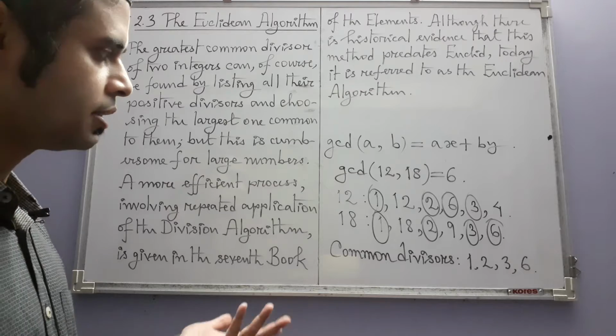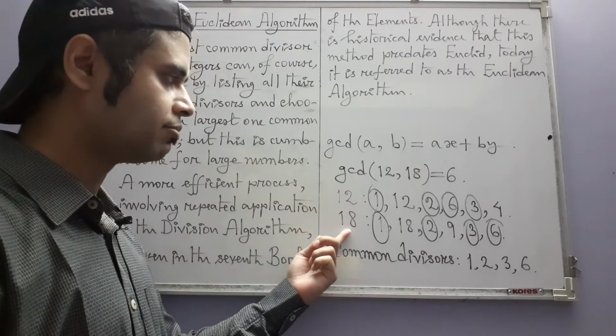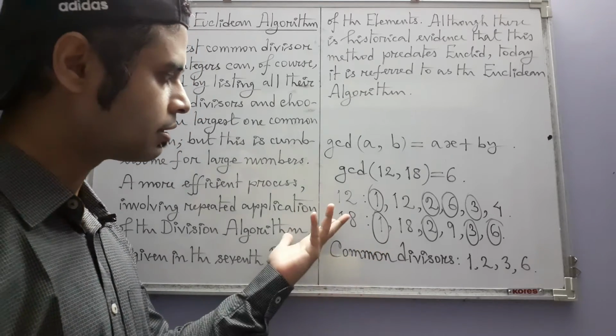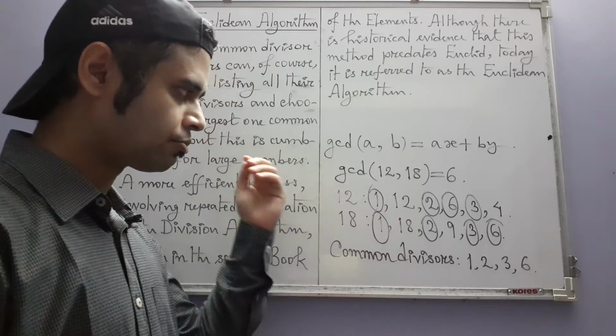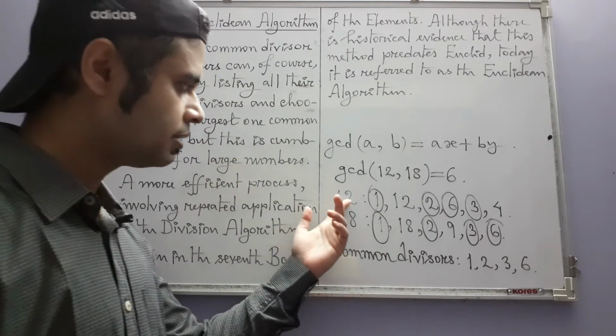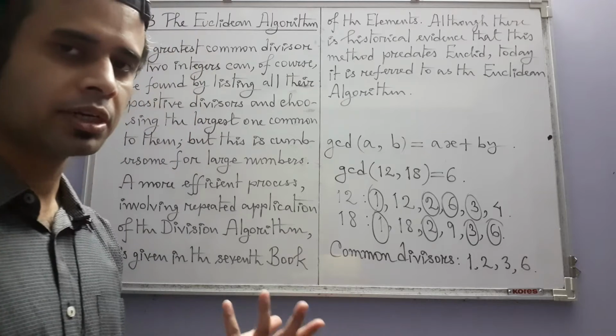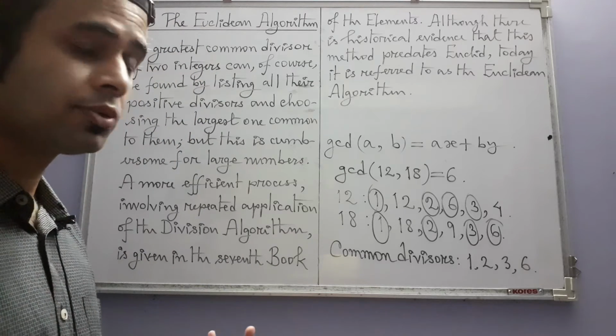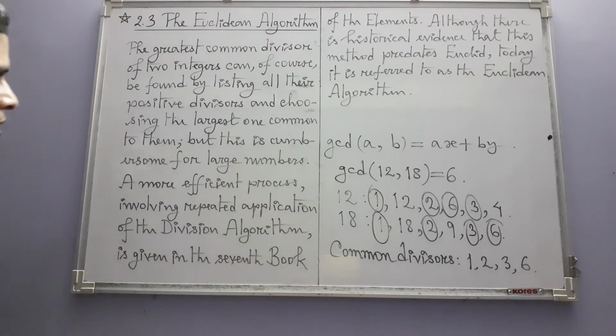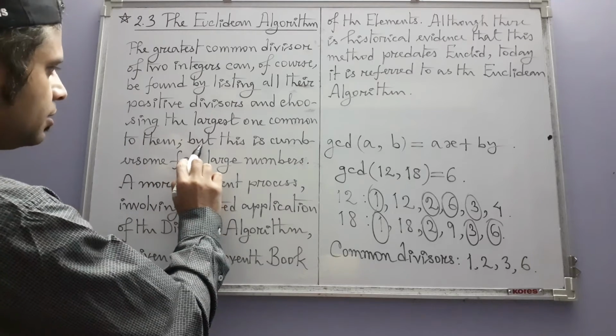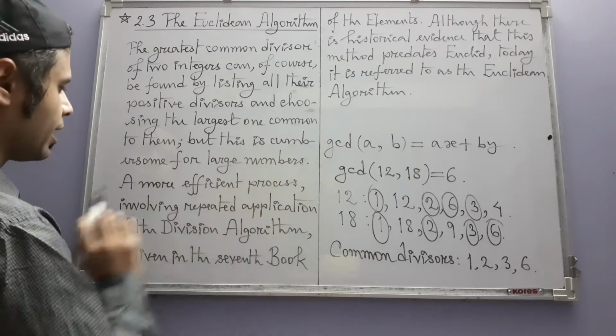However, you can imagine what will happen if these numbers are very large. Forget about common divisors, finding their divisors itself becomes an extremely time consuming task. So that is why, this is cumbersome for large numbers.